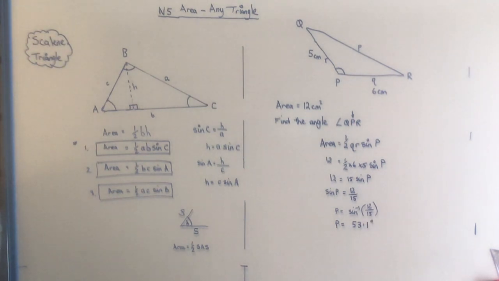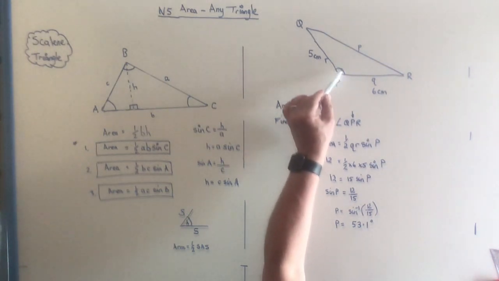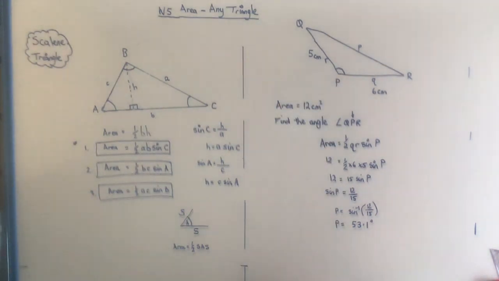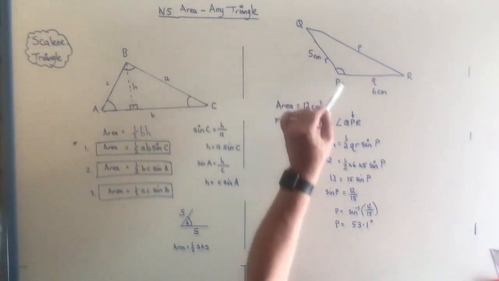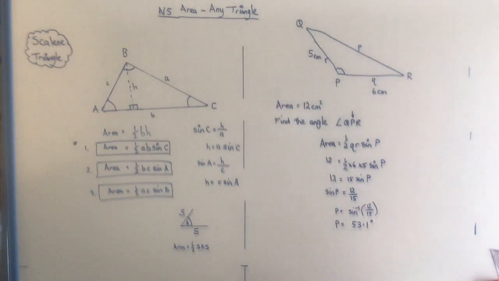Now, if we look at it, that can't be right, because this angle here is greater than 90. So, from your knowledge of your trig CAST diagram, just put it here, then sine's positive in the second quadrant and the first quadrant.